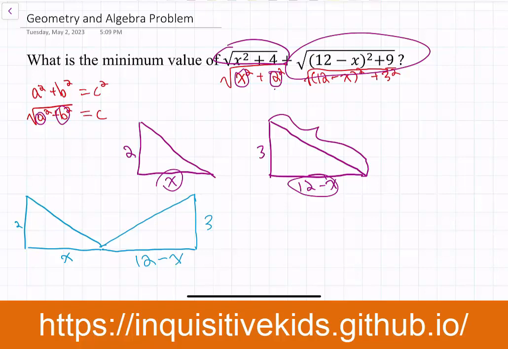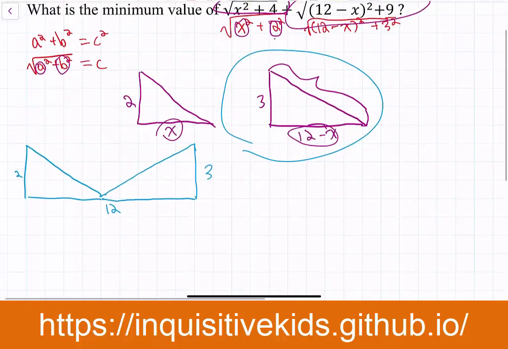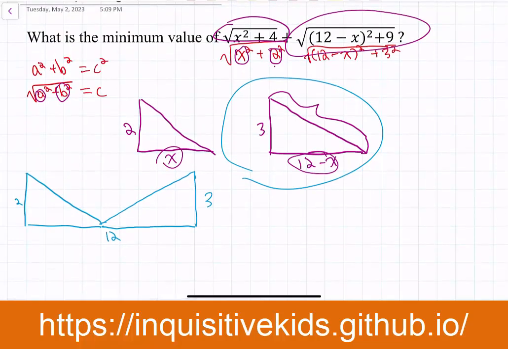Remember, these figures are not drawn to scale. And as you can see, I've flipped this triangle. After we combine these triangles, you can see that our base would become x plus 12 minus x. And we can simplify that to just get a constant value, which is 12. The x and the minus x cancels each other out. Now, this is easy. We only have constant values left because the variables got canceled out.